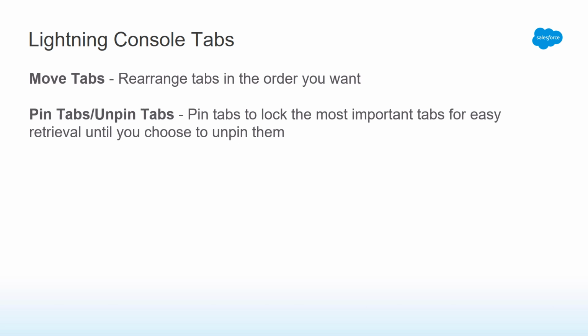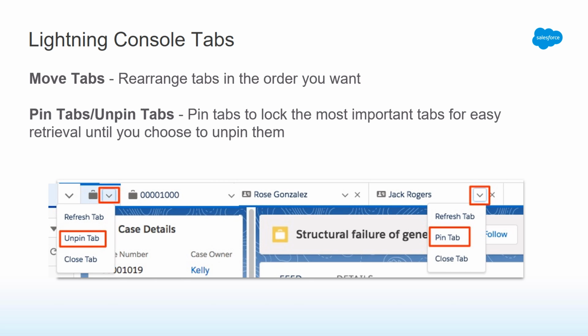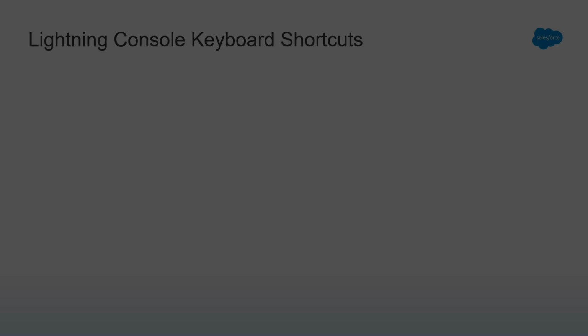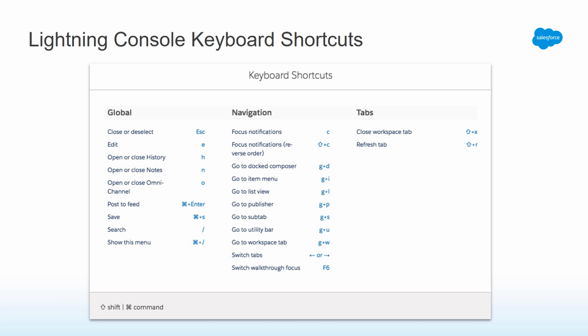With Lightning Console tabs, you can rearrange tabs in the order you want by moving them around. You can also pin tabs and unpin tabs to lock the most important tabs for easy retrieval until you choose to unpin them. With console keyboard shortcuts, you can easily navigate the console without your hands leaving the keyboard.